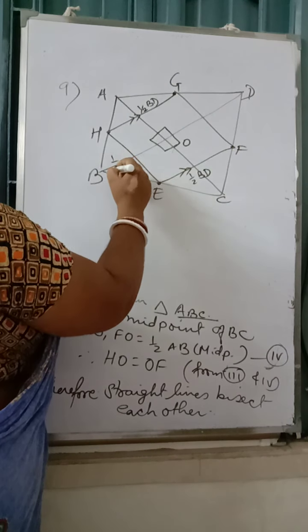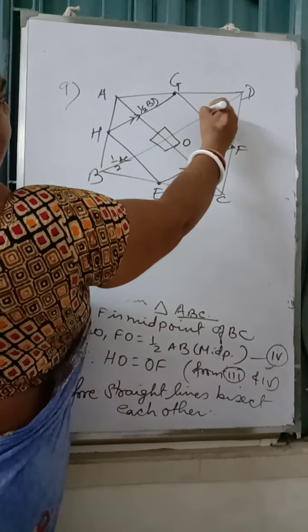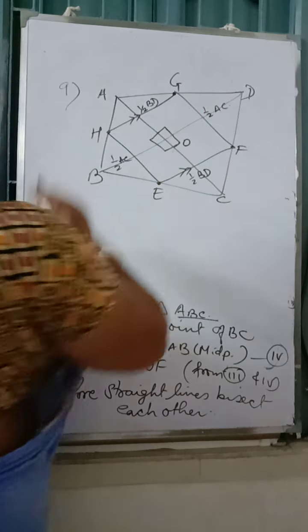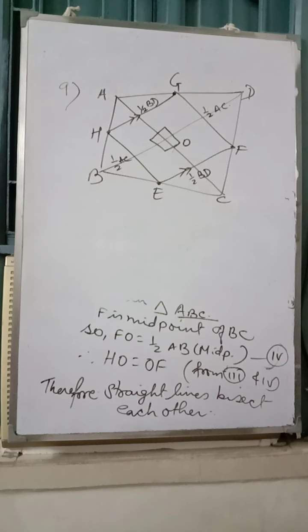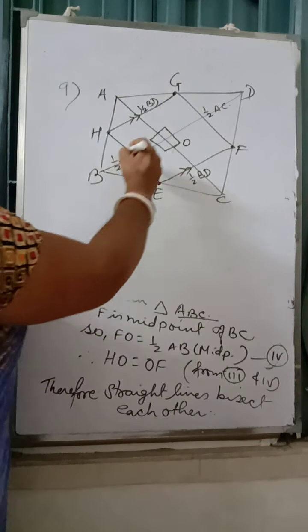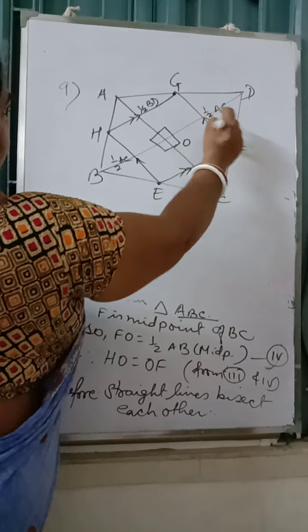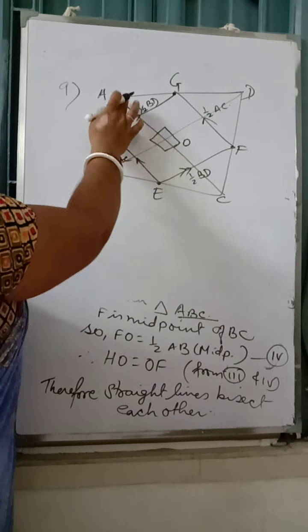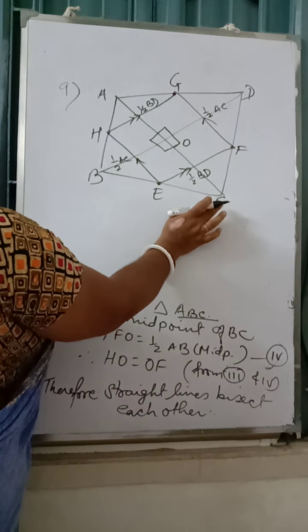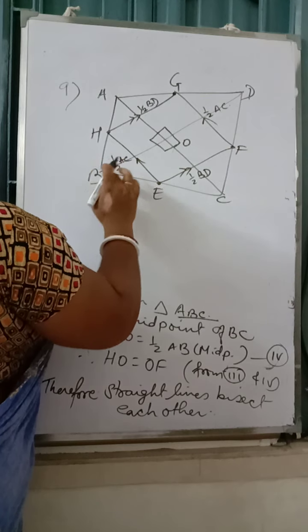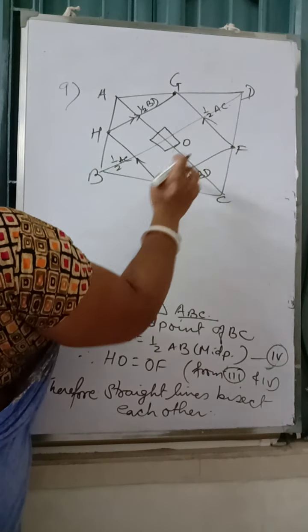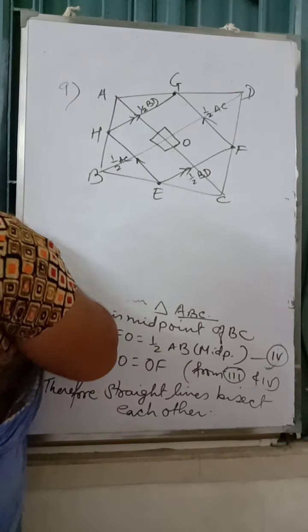This is half of AC, and this is half of AC. So the first property we got, that opposite sides are equal for the rectangle. Now we have proved already GF and HE are parallel to AC, and BD is parallel to EF and HG.